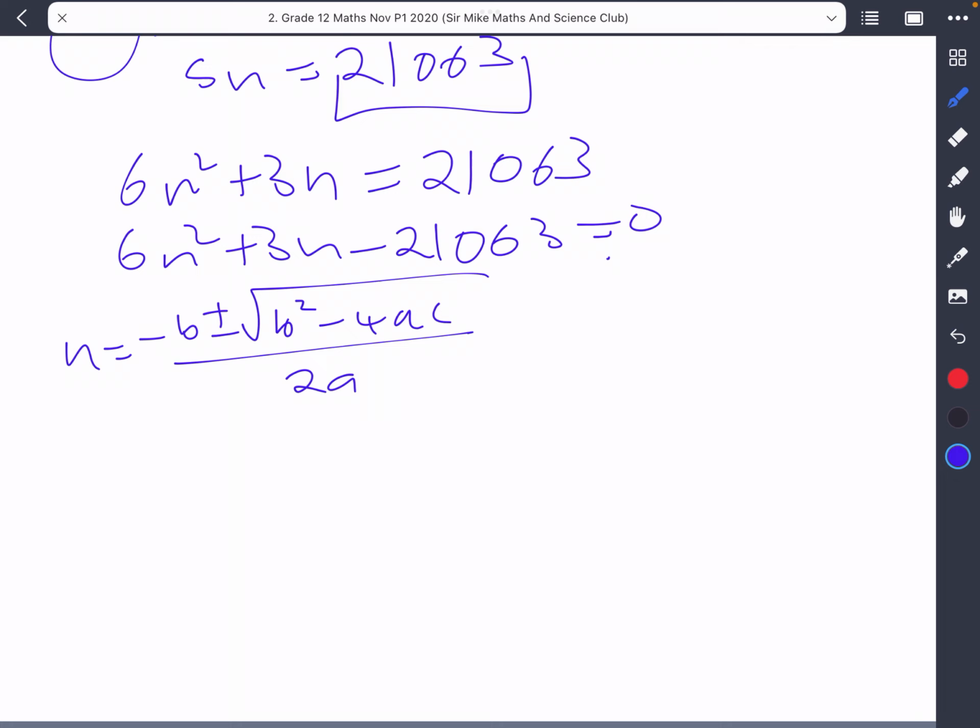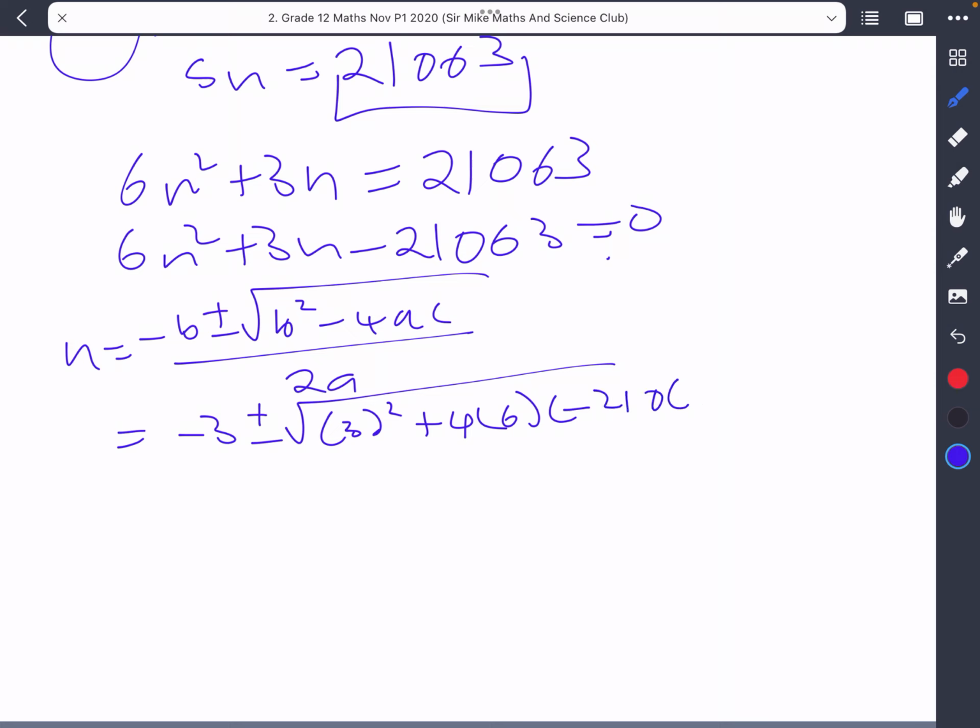My b would be that 3, so this would be minus 3 plus or minus the square root of b, which is 3 squared, plus 4 times a, which was given as 6, and c would be that negative 21,063. Let me just expand that. We divide all of that by 2 multiplied by 6.